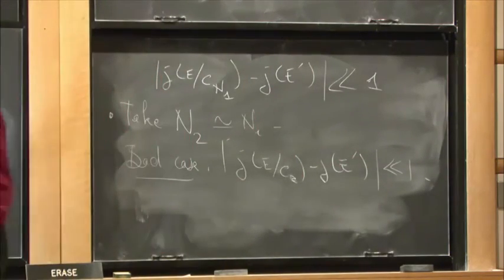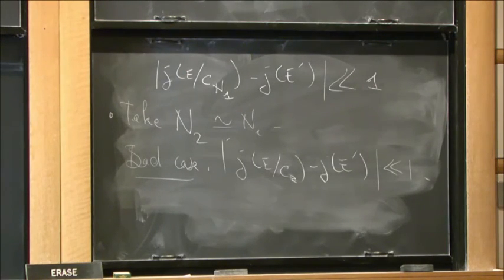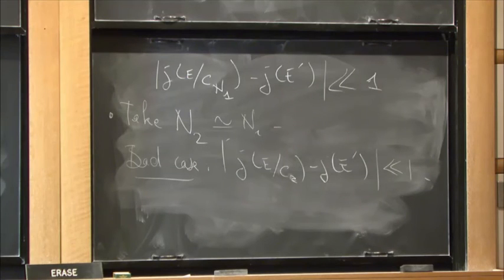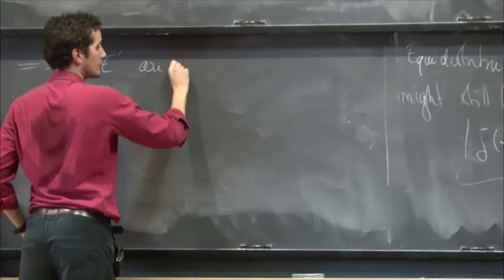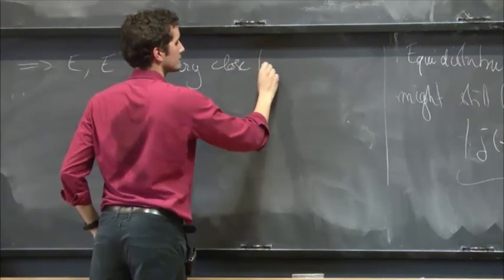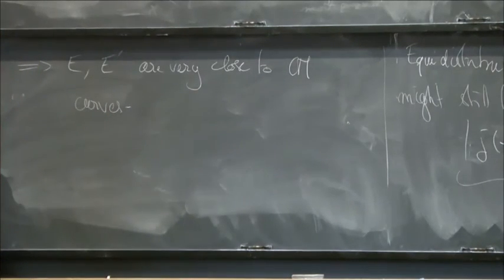Well, that can happen, but there is only one way this can happen: if both E and E prime are very close to CM curves. This implies that E and E prime are very close to CM curves, because if you have something like that, it means that E has almost a self-isogeny of degree dividing n1 times n2.